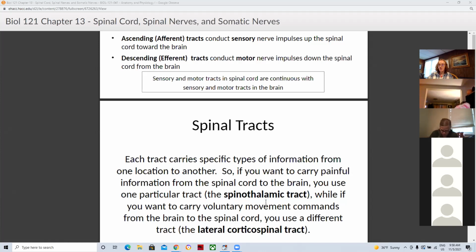If you want to carry voluntary movement commands from the brain to the spinal cord, you use the lateral corticospinal tract. So pain information is a spinothalamic tract, and voluntary motor information is a descending tract, the corticospinal tract.